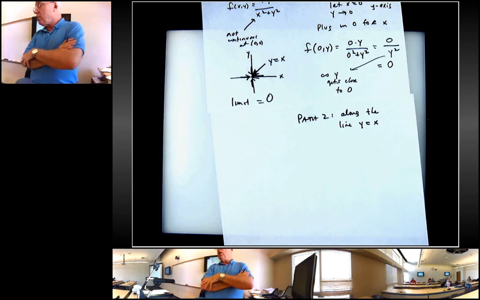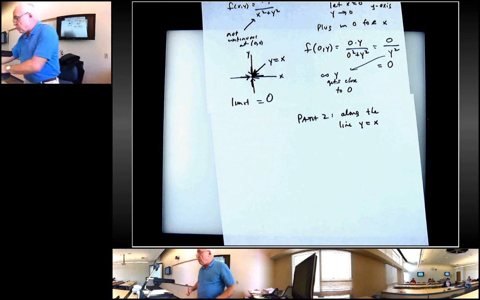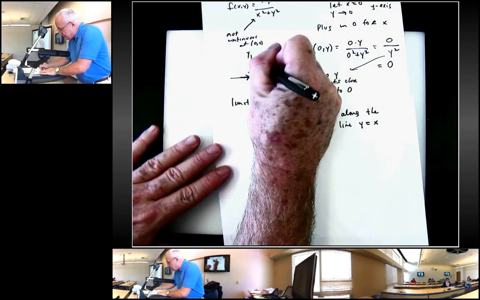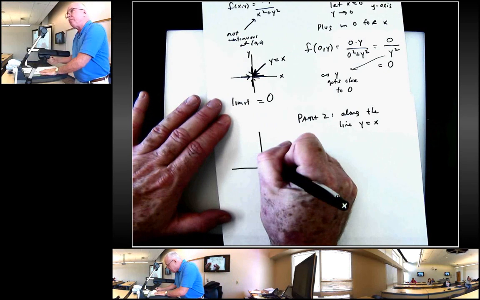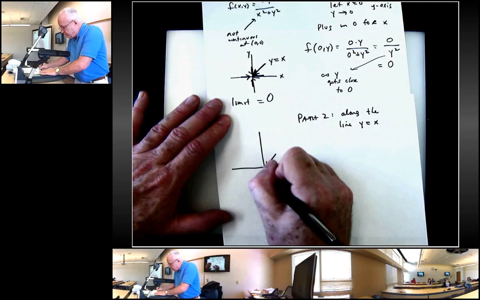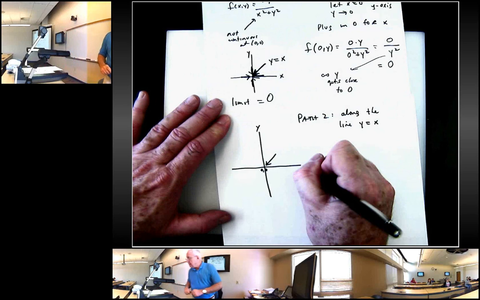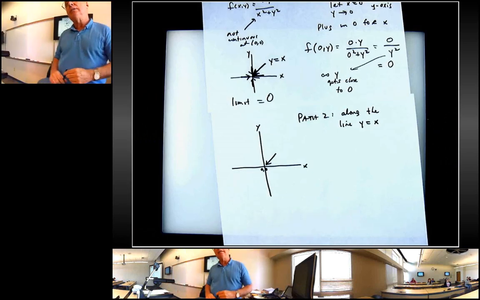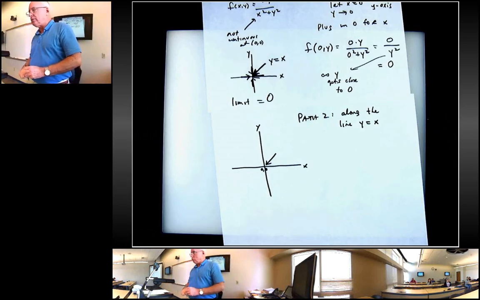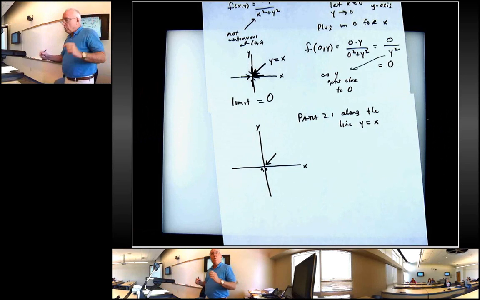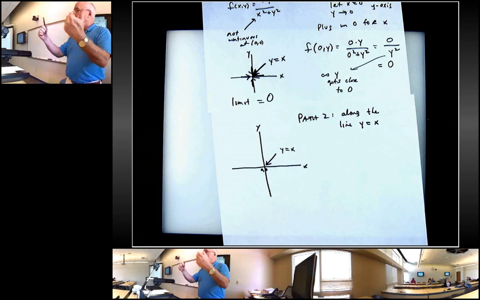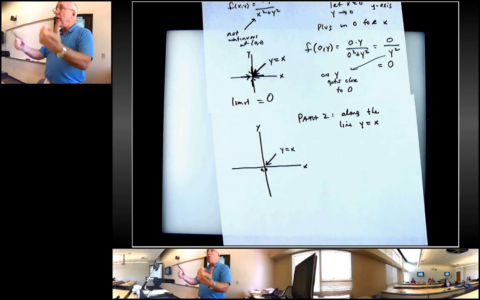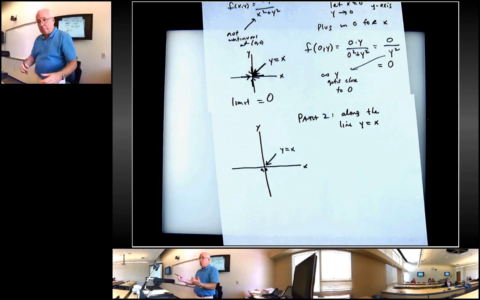No, because if you're approaching along this line right here to 0, 0, does x have any 0 values along that line? No, it doesn't. So this is y equals x. The only thing we can do here is substitute y for x or x for y in our function and see what we get. Okay?